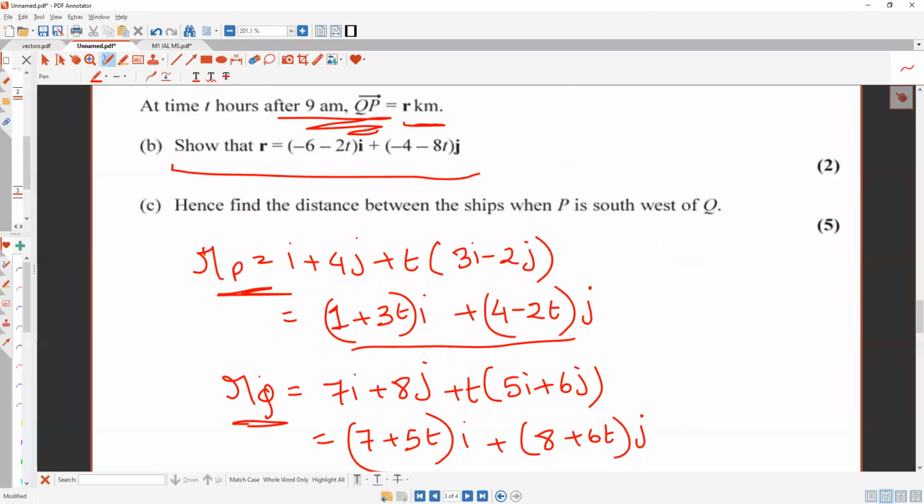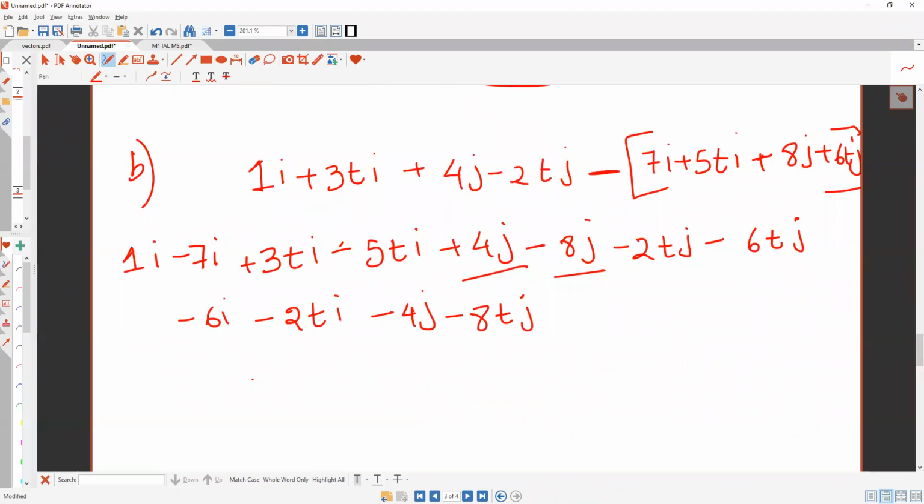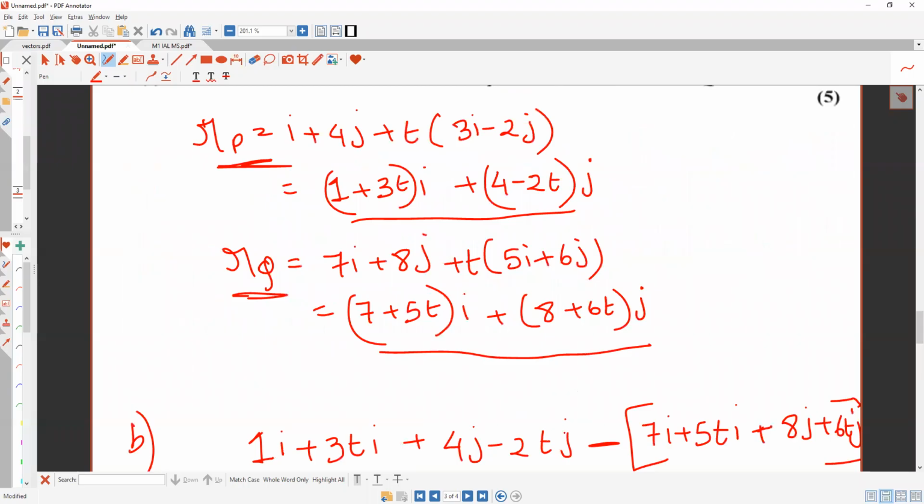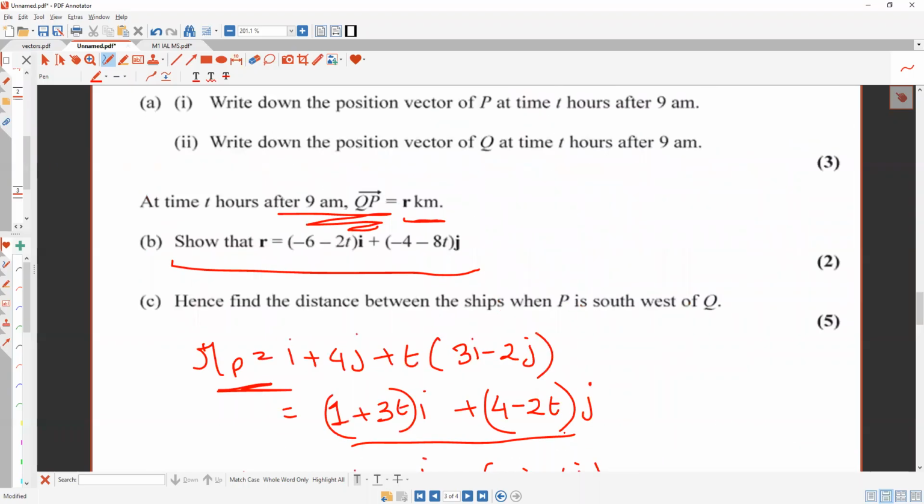So minus 6 minus 2t i, then plus minus 4 minus 8t j. Clear? Correct. Fine. Done.